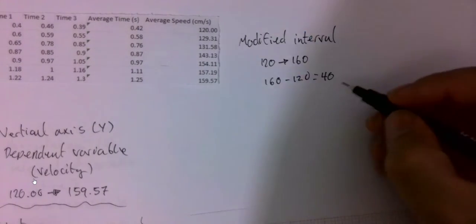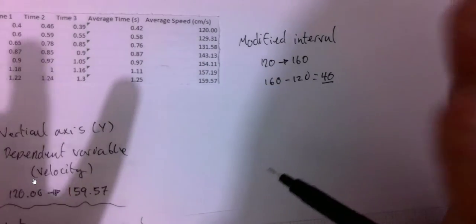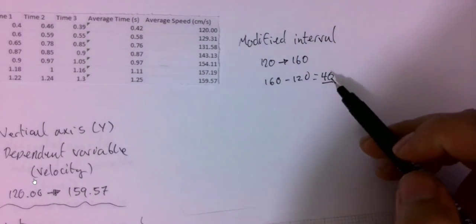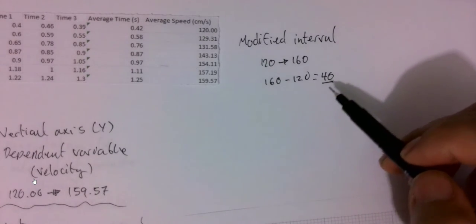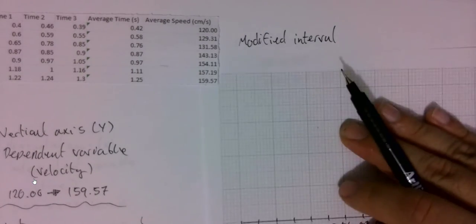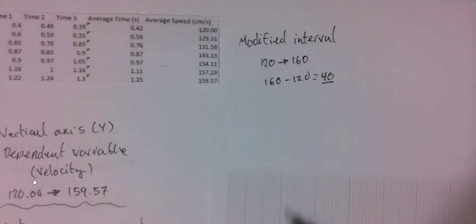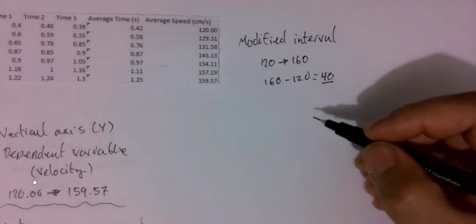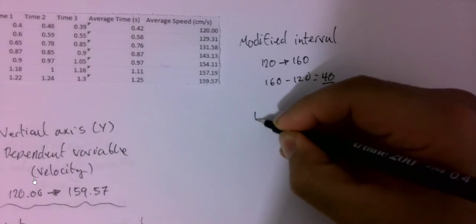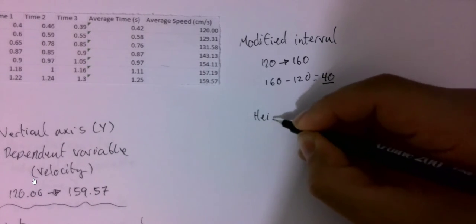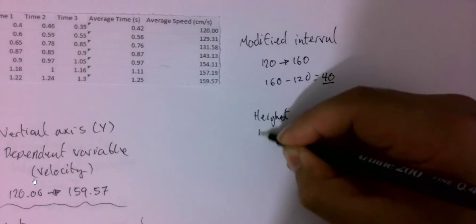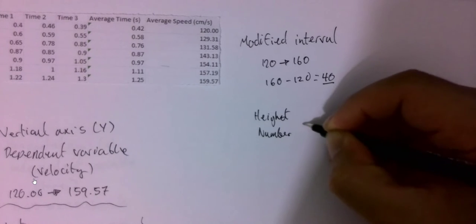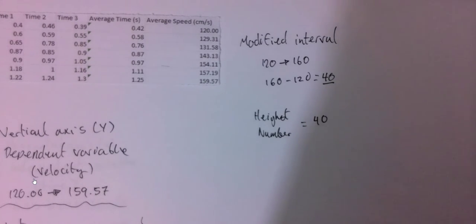So that's right. So we got a number. Now this is going to be our artificial interval, and we're going to use that to create a scale to make this vertical axis work. So let's work on that. Okay. So now we know that our highest number is equal to 40. That's great.